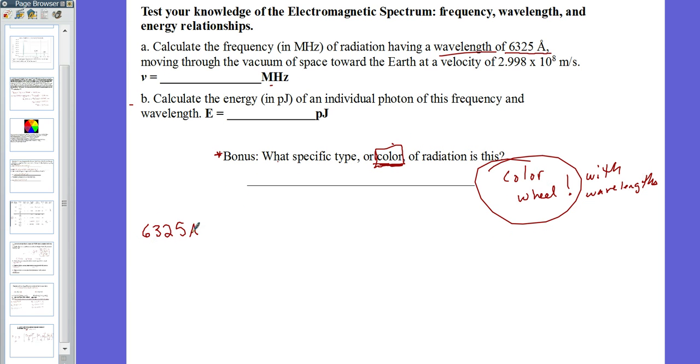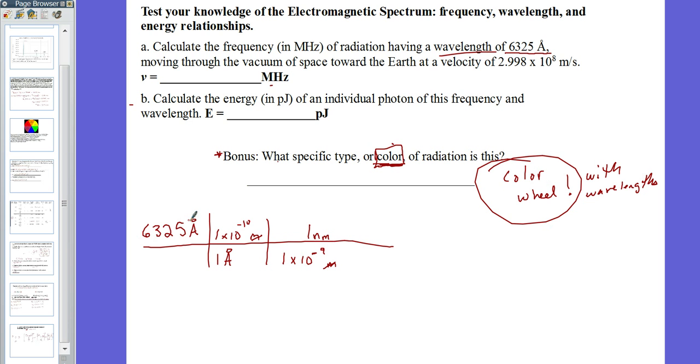I'm going to use the first part of the conversion we used earlier when we were working on this problem: 1 angstrom is 1 times 10 to the minus 10 meters. And then I want to convert this to nanometers. So 1 nanometer is 1 times 10 to the minus 9 meters, like that.